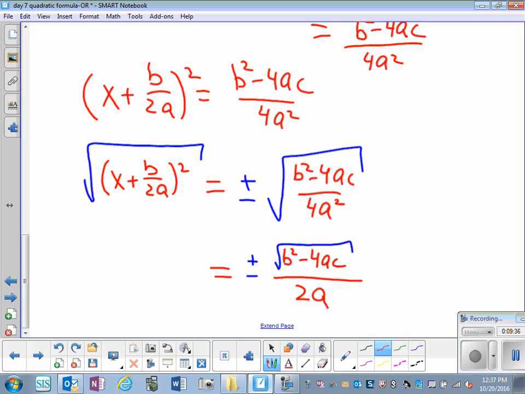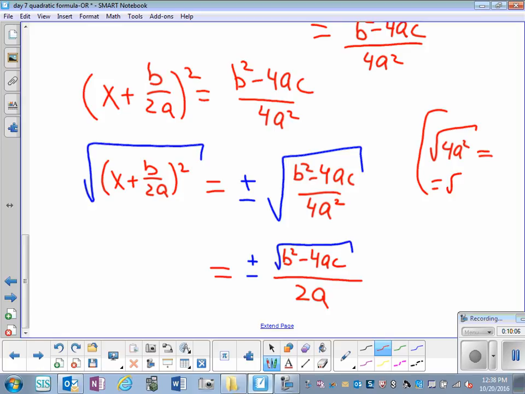What if the 4ac also becomes 2? I think you changed the 4a squared. Why didn't you change the 4ac? Oh, right. Because the square root of 4a squared, it's just by itself, right? So I have 4a squared. This is all multiplication, right? So the square root of a product is the product of the square roots.